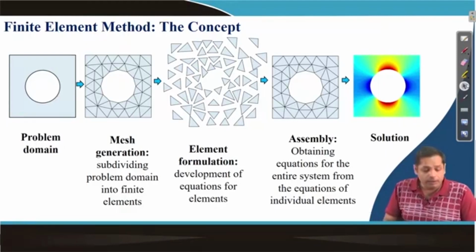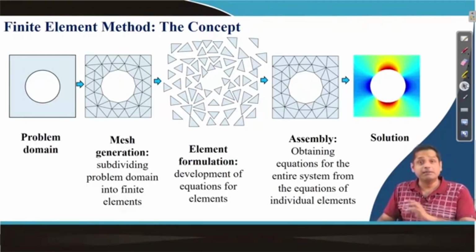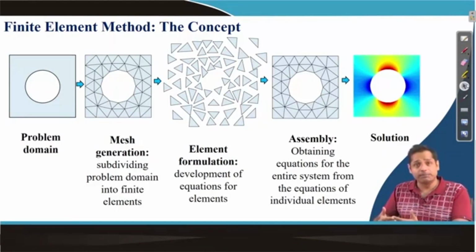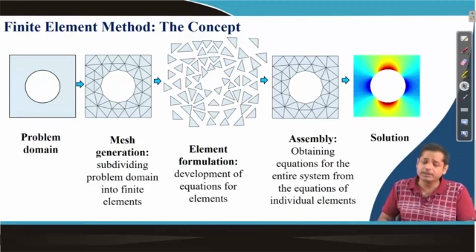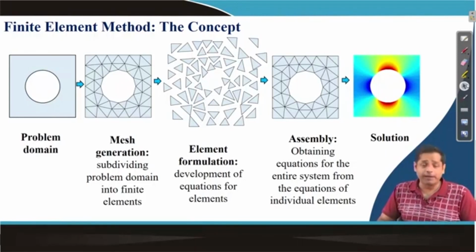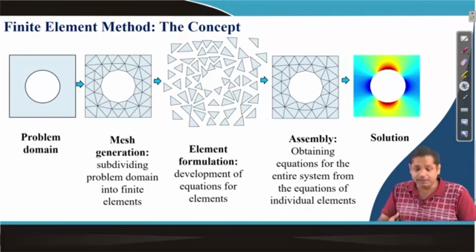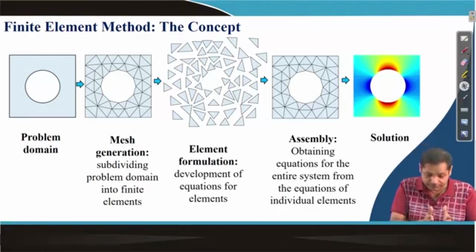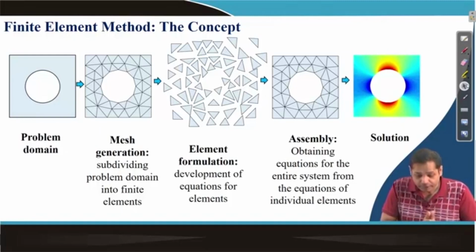Now next, the mesh generation. Mesh generation means the representation of the problem domain as a collection of several subdomains, or in this case as a collection of several elements. That is step 2.